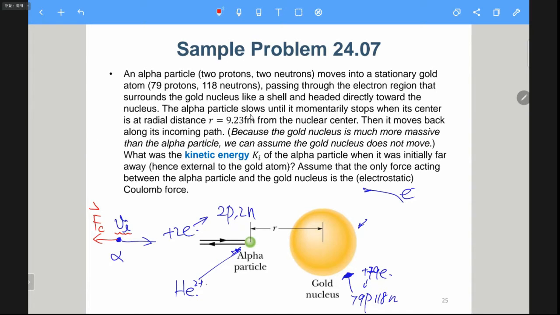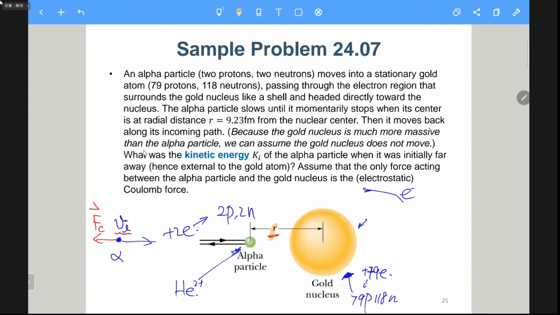So the particle goes until it momentarily stops when it is at a radial distance r equals 9.23 femtometer. Femto is 10 to the minus 15, if you still remember. Yeah, so this is r, from the nuclear center. Then it moves back along its incoming path. Because the gold nucleus is much more massive than the particle, we can assume the gold nucleus does not move, so this is much heavier.